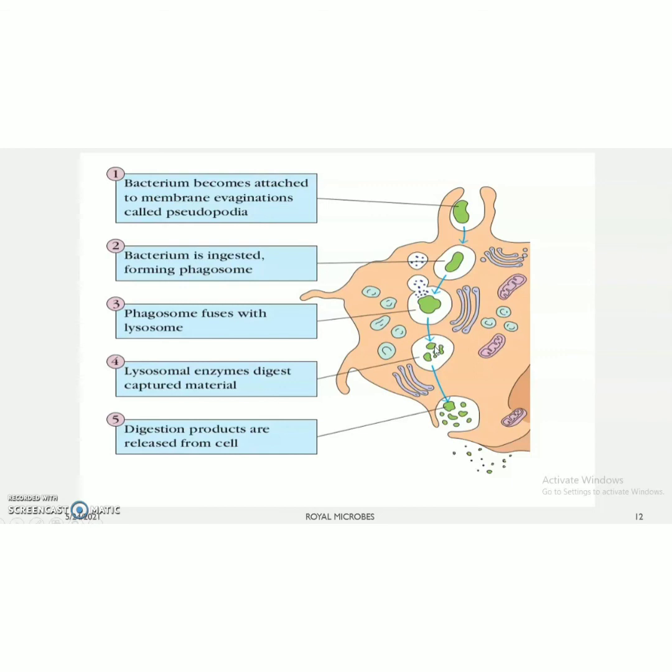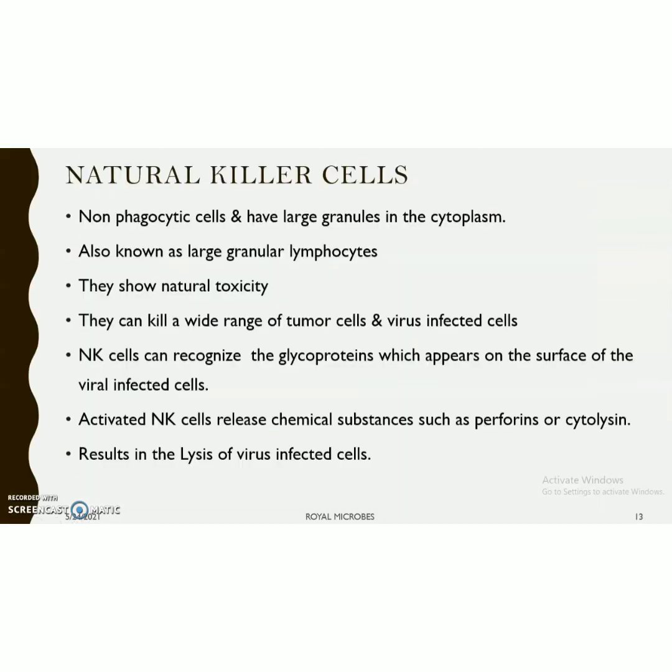Then the lysosomal enzymes digest this foreign substance or microorganism, and thereby digestion and killing occur. After that the digested products are released from the cell. This is the process of phagocytosis.